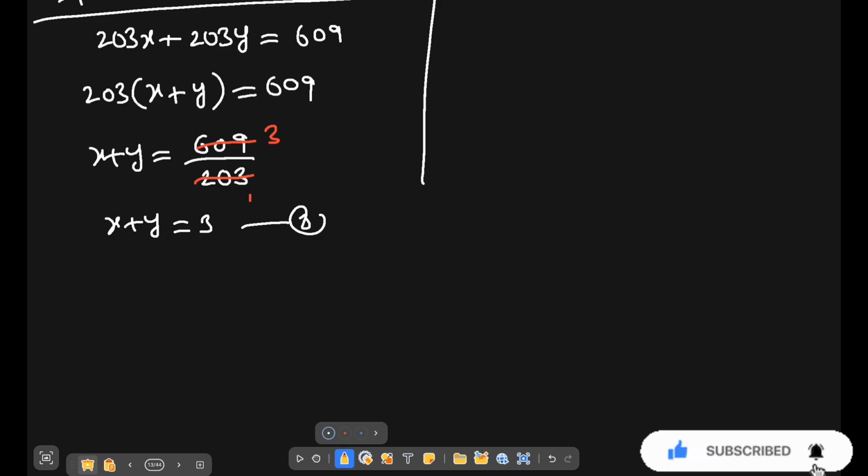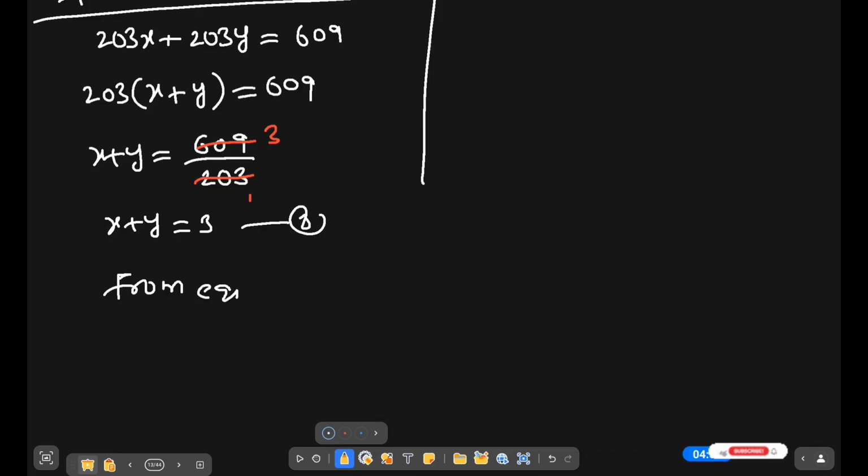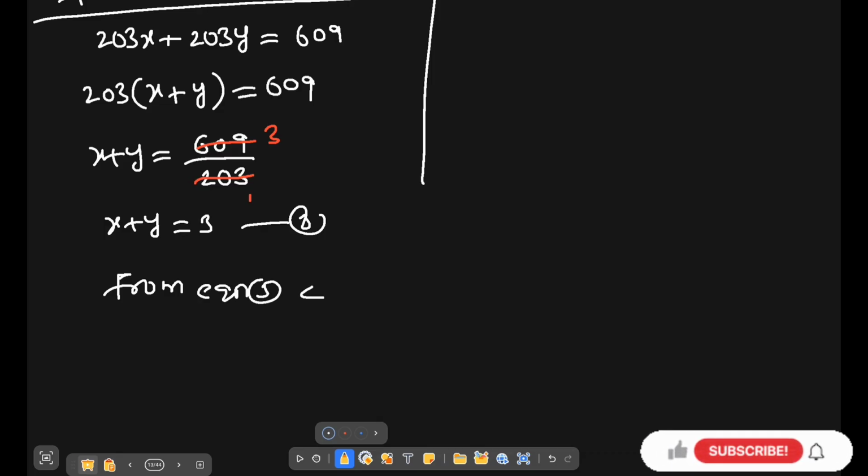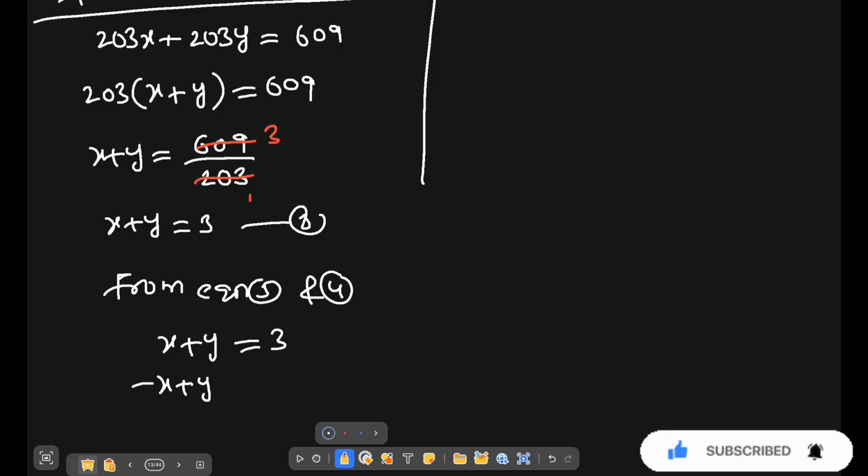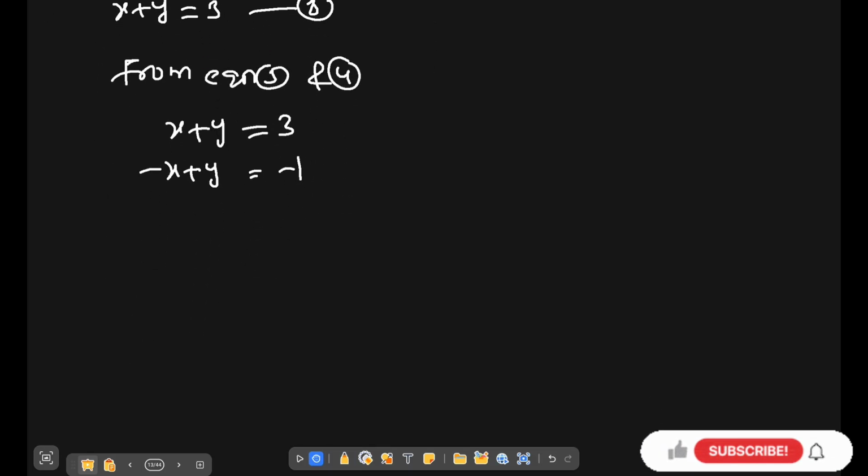Now add equation 3 and 4. Or you can write like this: from equations 3 and 4. What is equation 3? x plus y is equal to 3. Equation 4 is minus x plus y is equal to minus 1. Add.